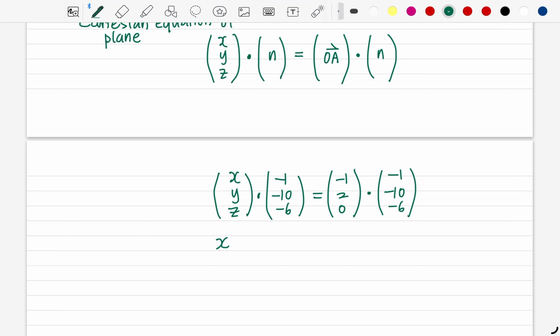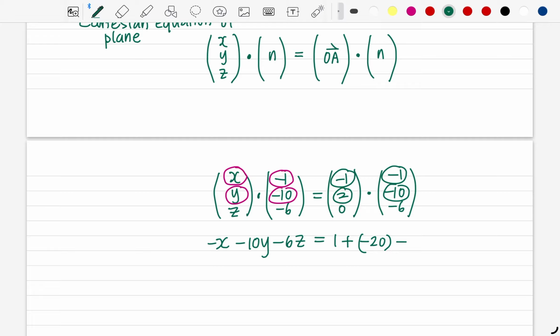Then you will get -x, -10y, -6z. When we do the dot product, we multiply the x and the -1, then we get -x. Similarly, you multiply y and the -10, you will get -10y. For the right hand side, -1 times -1, so you get 1, plus 2 times -10, so you have -20, plus 0.